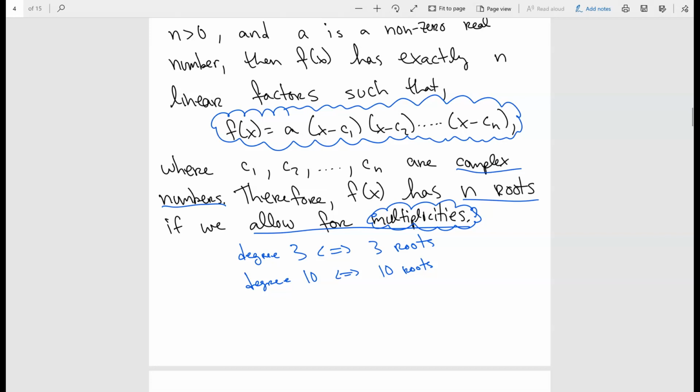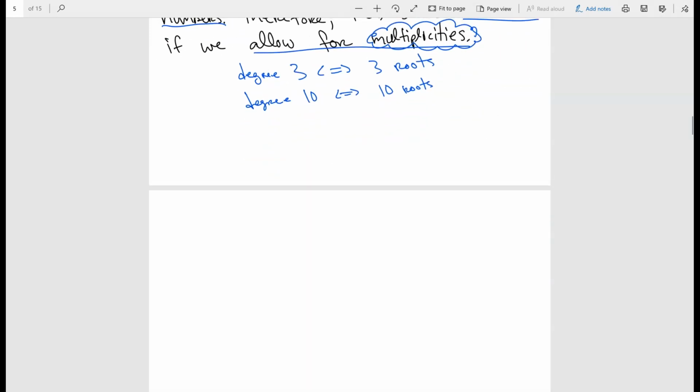So one more thing while we're in complex numbers. There's also another theorem, which is called the complex conjugate root theorem.